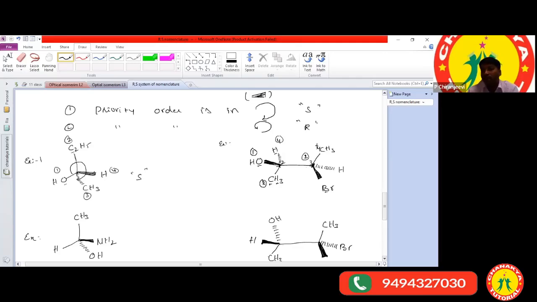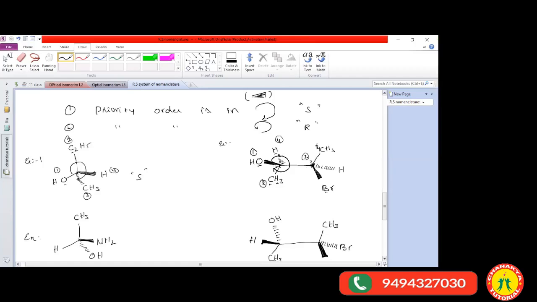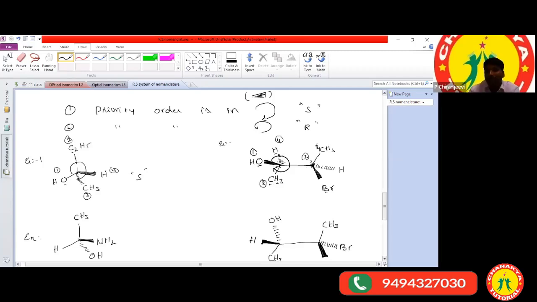Now we can check it out. You can add 1, 2, 3. So 1, 2, 3: are you getting a clockwise direction or anti-clockwise direction? Clockwise.